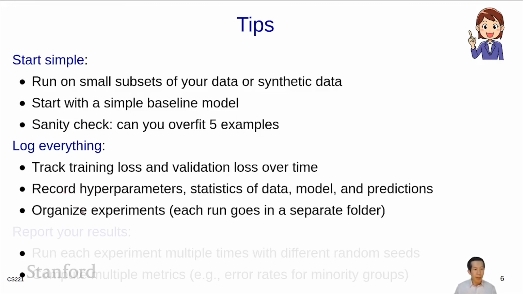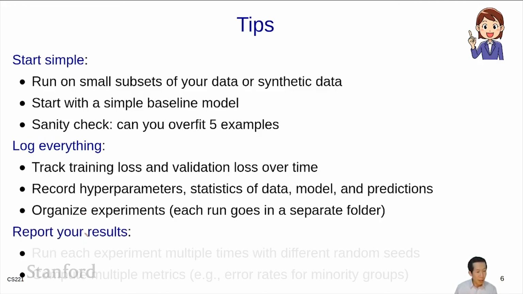Finally, spend some time figuring out how to organize your experiments. I like to have each run I make go into a separate folder, which you can save. And so then later you can go back and check all the models, the predictions, and a record of all of the hyperparameters that you used so that you just have an idea of what you did.